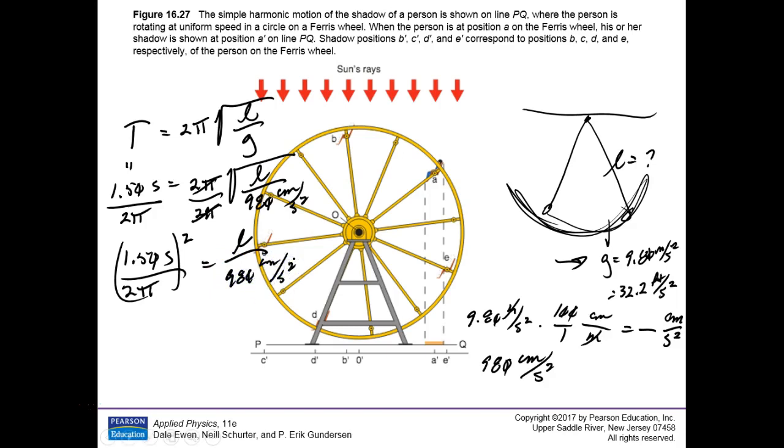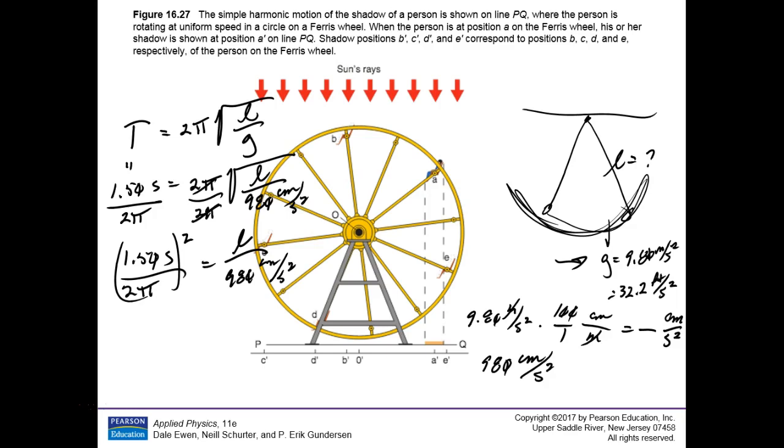Now, that's going to be some pretty small number, because pi is 3.14 approximately, and twice that is 6.28 approximately, and that's going to be divided into 1.50, which is going to be a pretty small number.